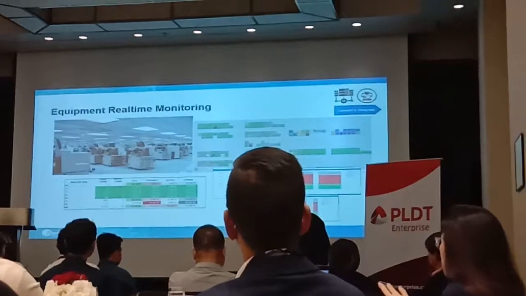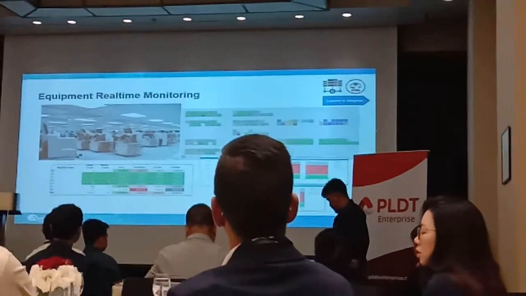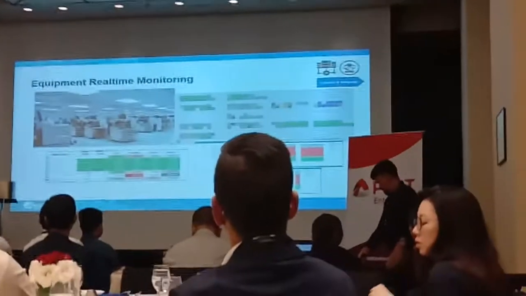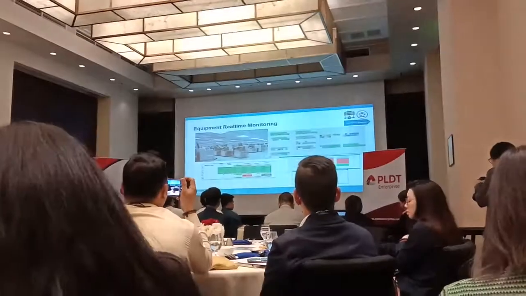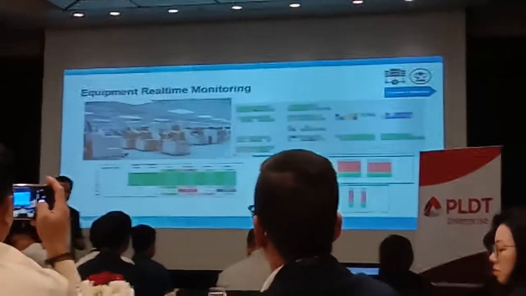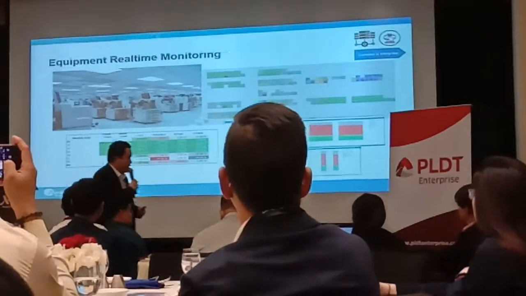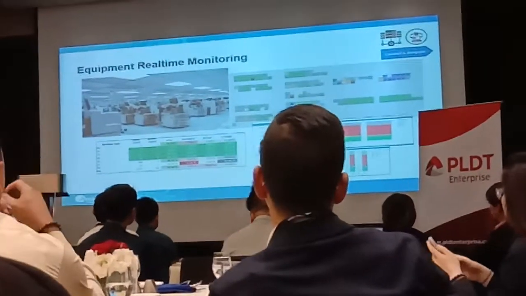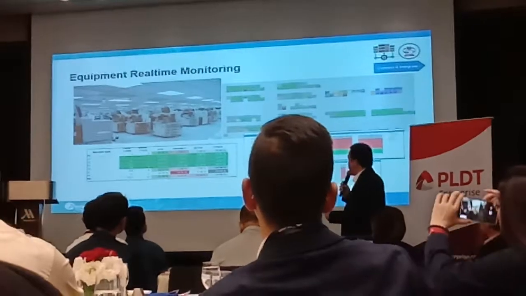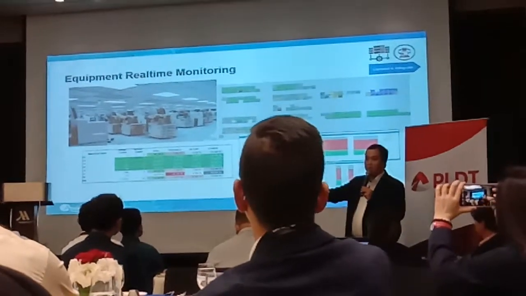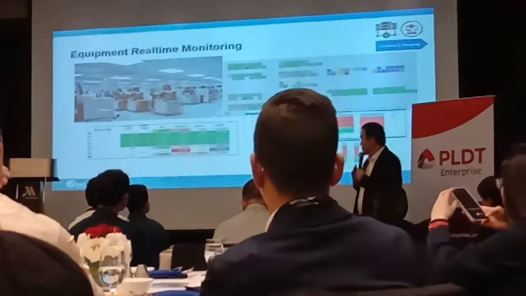So we connect all the machines through wireless or wired, and all of these are connected to our backbone. We monitor them, so we can see if they are running, they are not running, they are red, or they are waiting for something. So with that, we have a real-time visualization by line, by floor, by building, by factory.